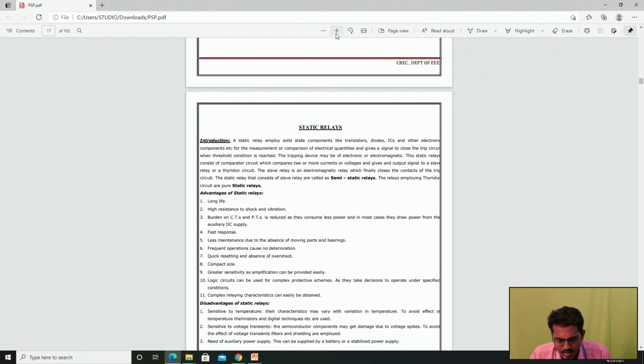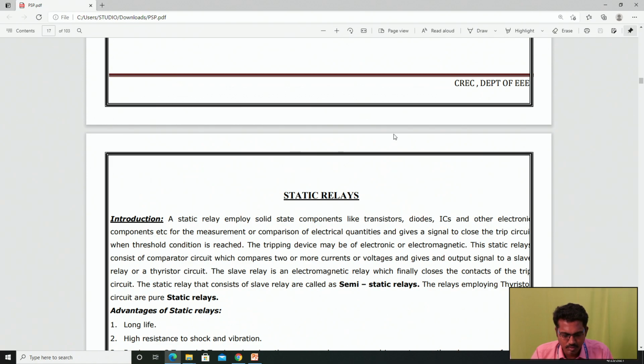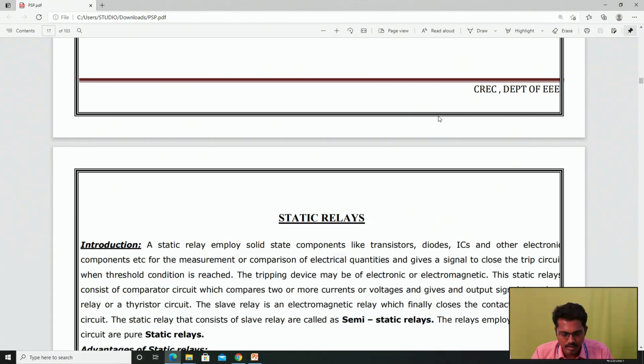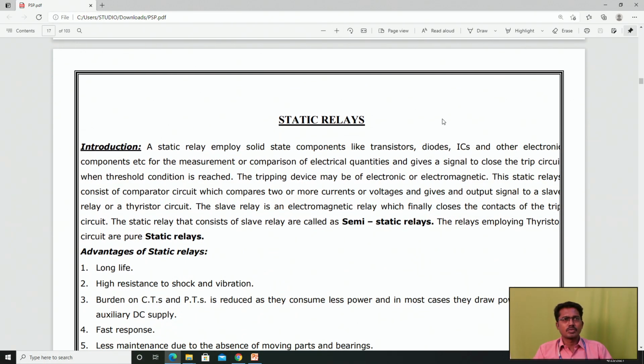Okay, I zoom it. This is the next relay after the negative sequence relay. So here we are going to see the relay circuit, the static process.